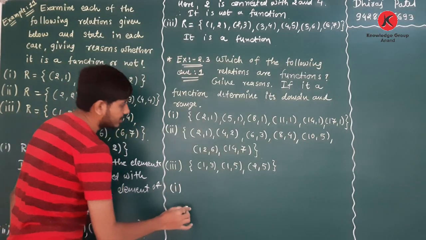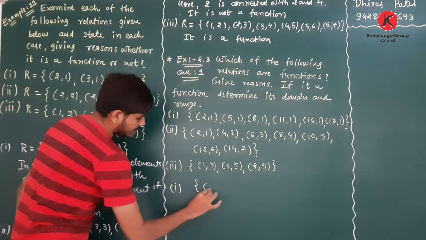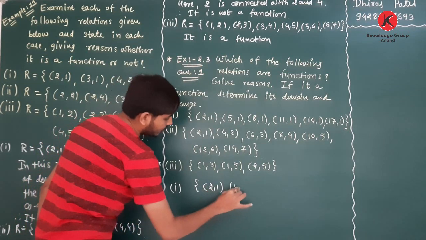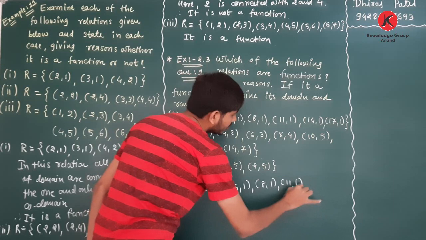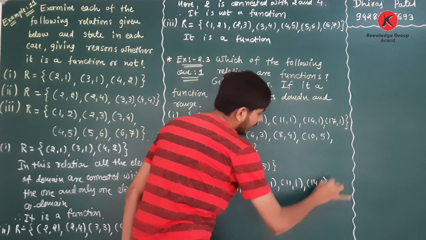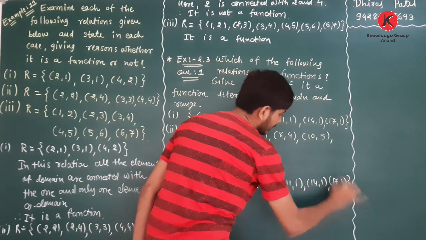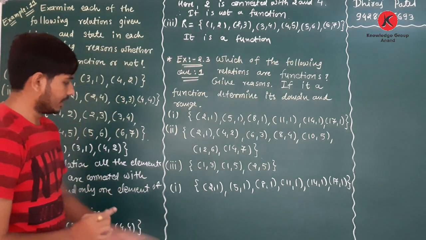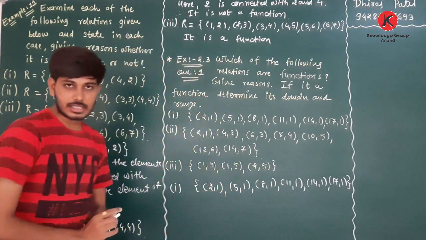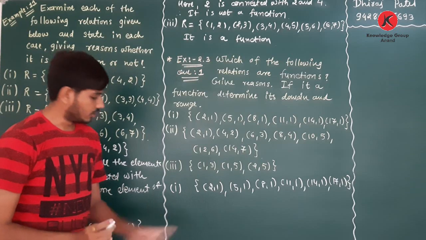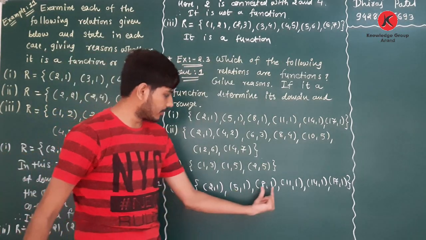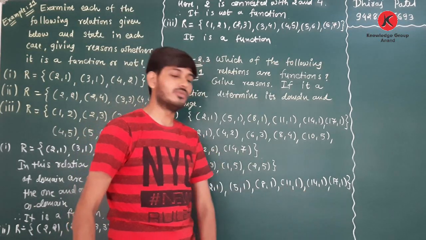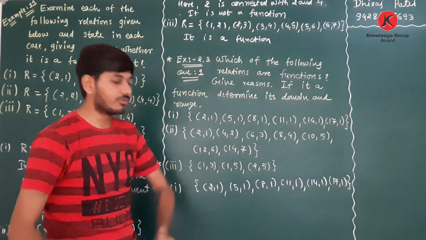The first relation is (2,1), (5,1), (8,1), (11,1), (14,1) and (17,1). Now check whether this relation is a function or not. Here 2 has only a single ordered pair, 5 has a single ordered pair, same as 8, 11, 14 and 17.